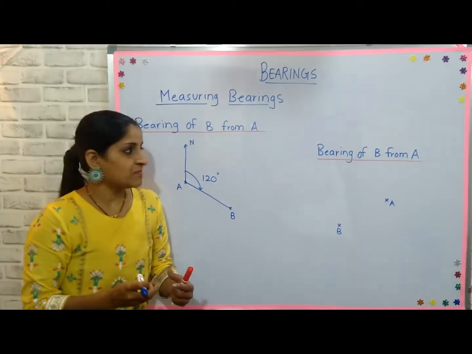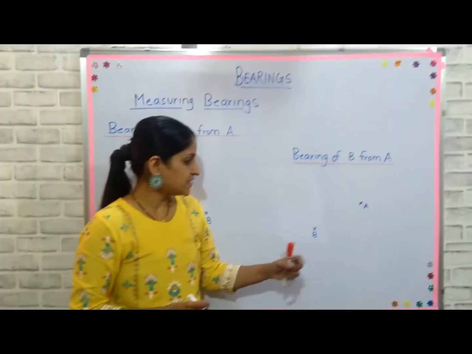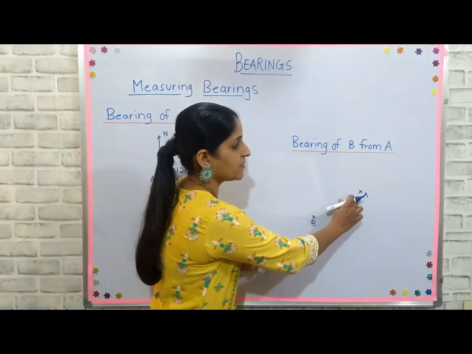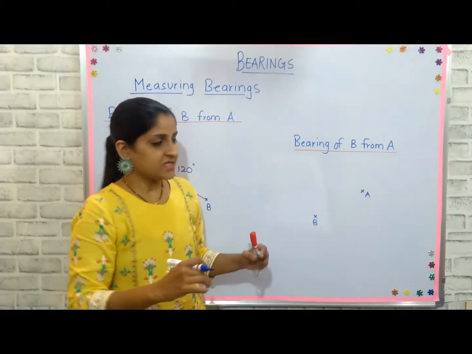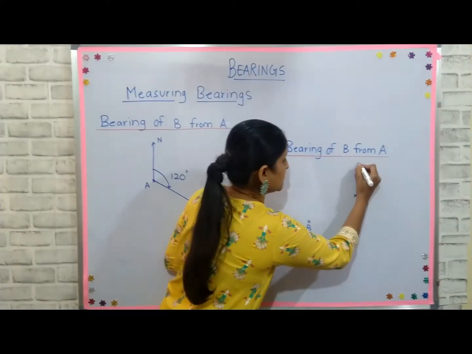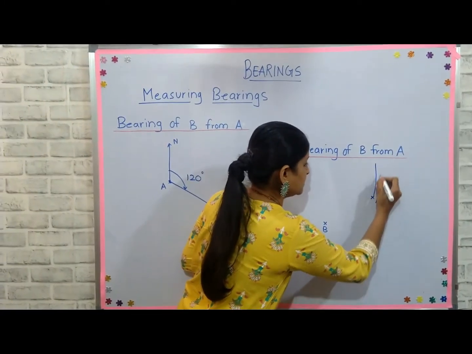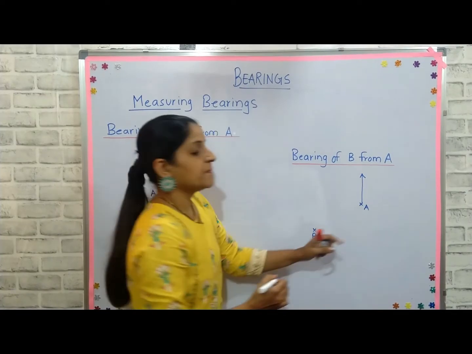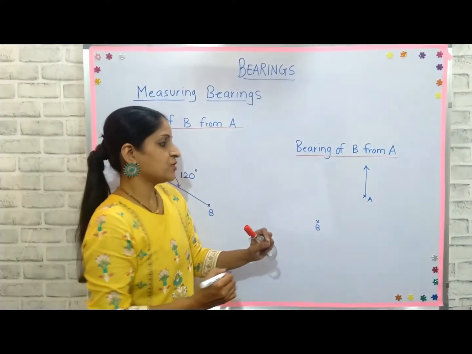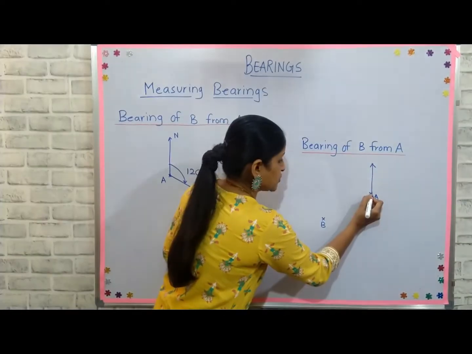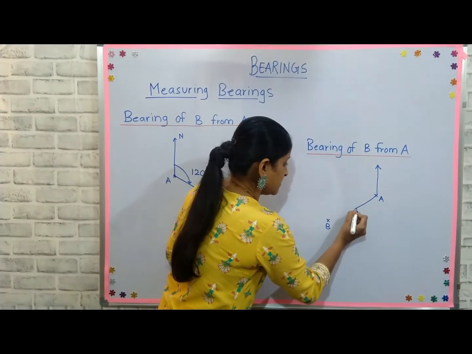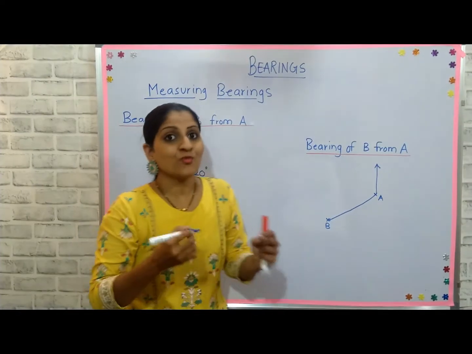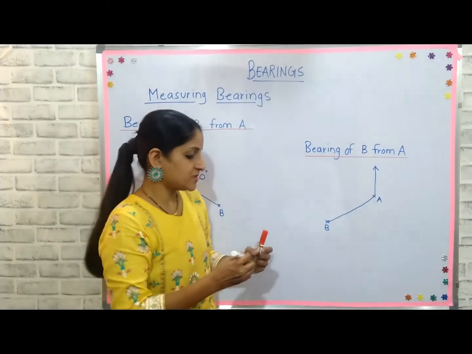Now the next example question also says we have to measure the bearing of B from A. As our routine step, the first thing is to draw the perpendicular north on A, and I have joined A and B. Now how will we measure this bearing?